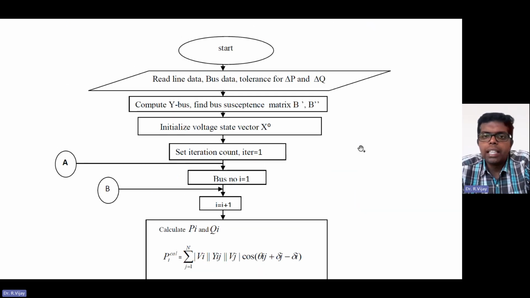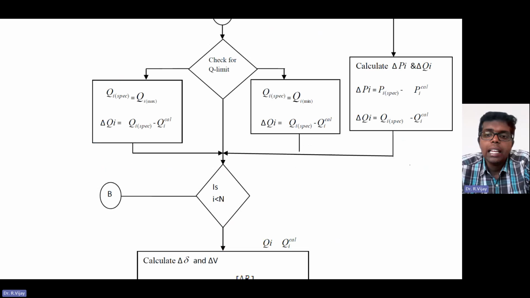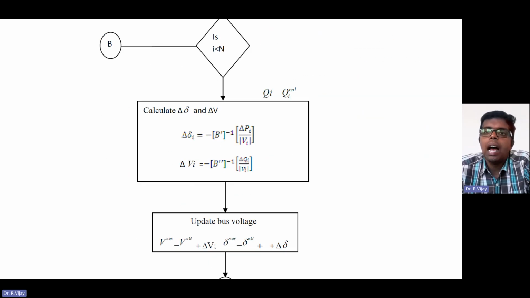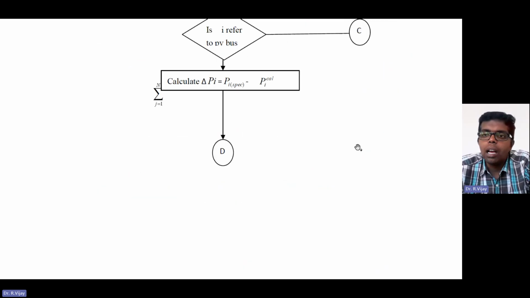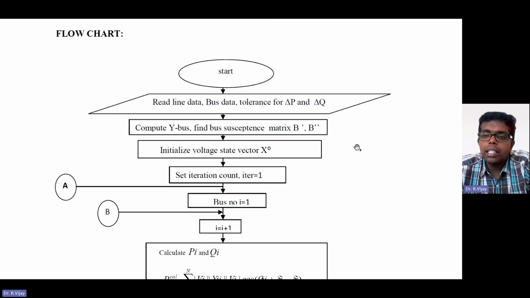This is the algorithm for the fast decoupled method. Definitely this algorithm as well as your flow chart will be asked as a 10-mark question. If it is asked as a big question, definitely they will ask with the flow chart and with the algorithm also, because the algorithm is very simple.